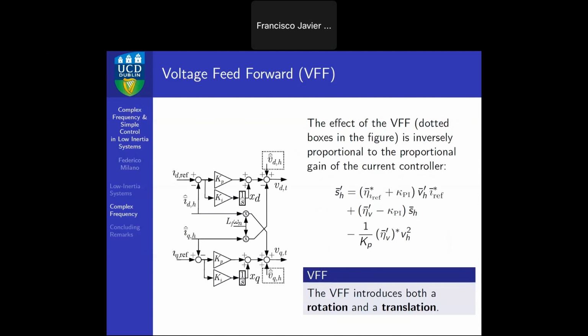The coefficient of it can be complicated, so it's not always so simple to say it is a translation, it is a rotation. It is typically a mix of the two things, and the more complex the controller, the more complex is this link between translation and rotation. And so here you obtain these terms. So it introduces both of the things in some way that makes sense for the control.